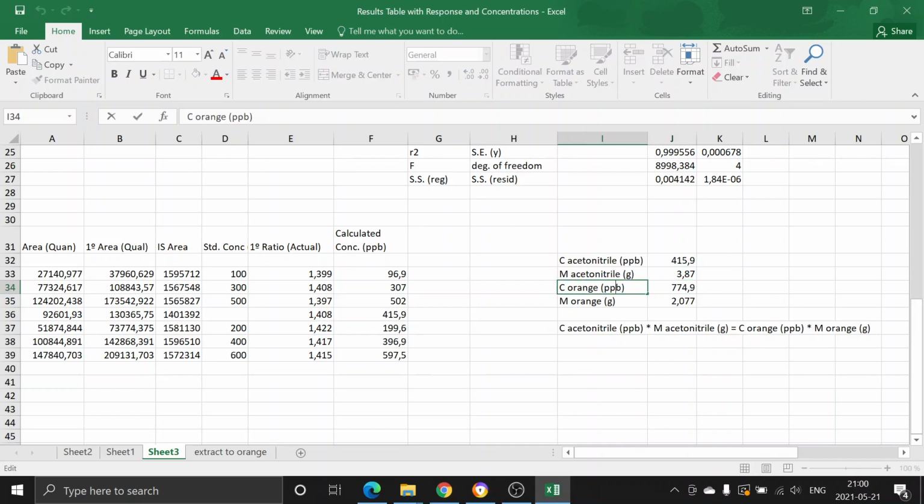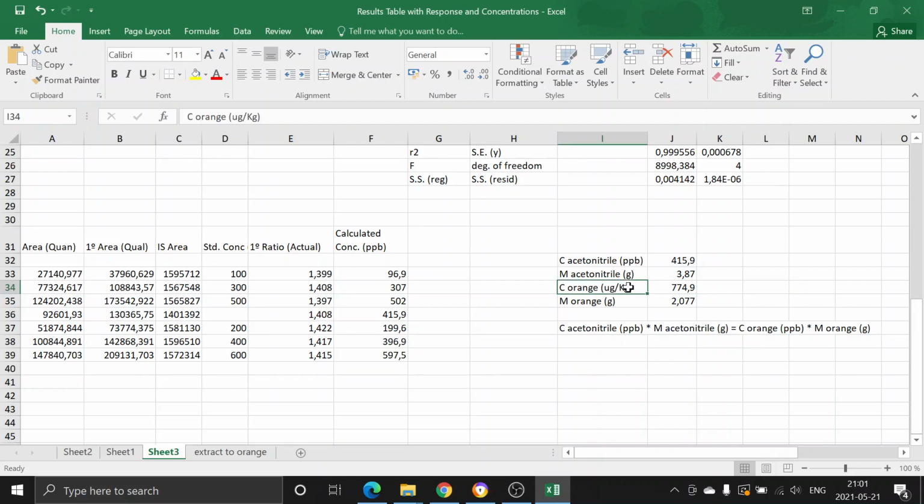So in this case, I'm going to replace this ppb with microgram per kilogram, right? 10 to the minus 6 grams divided by 10 to 3 grams, and that's equal to 10 to the power minus 12, which is ppb. So that's the correct unit that you are going to report it in.